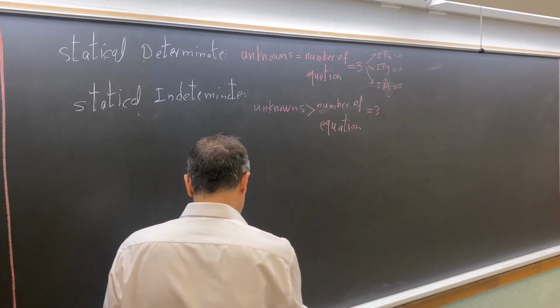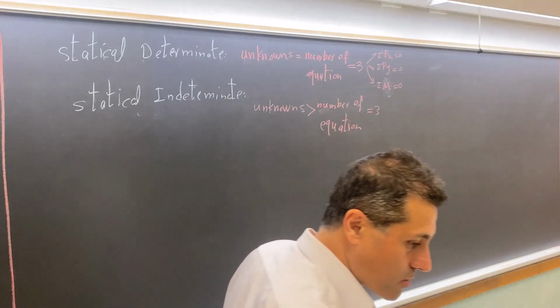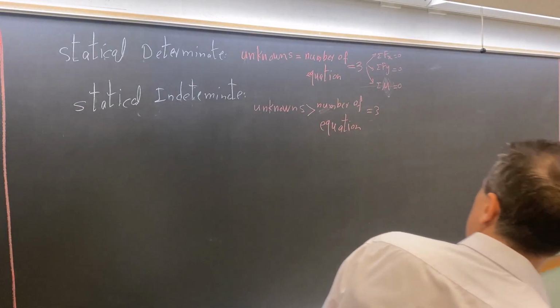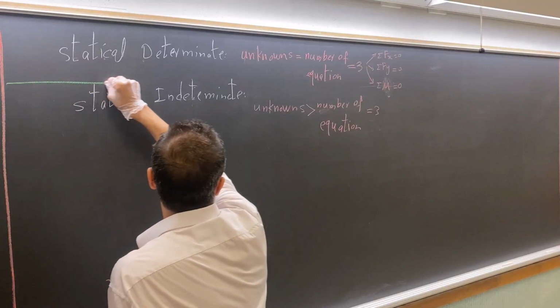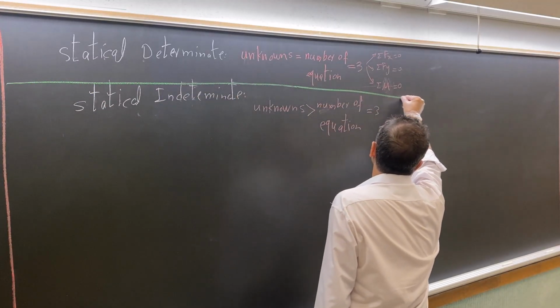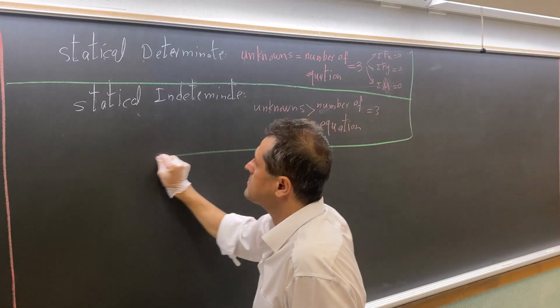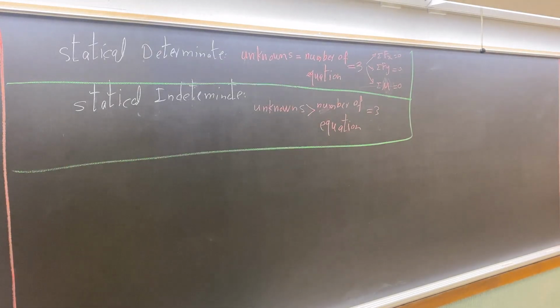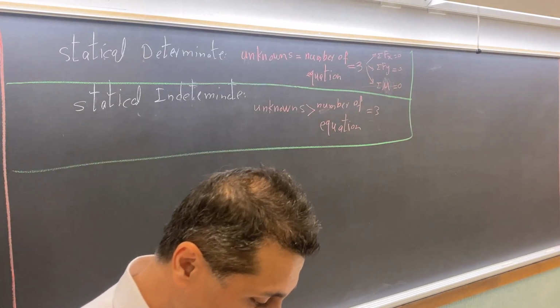Again, the number of equations is 3 when we talk about a 2-dimensional view structure. So this is the definition of determinate and indeterminate structure.